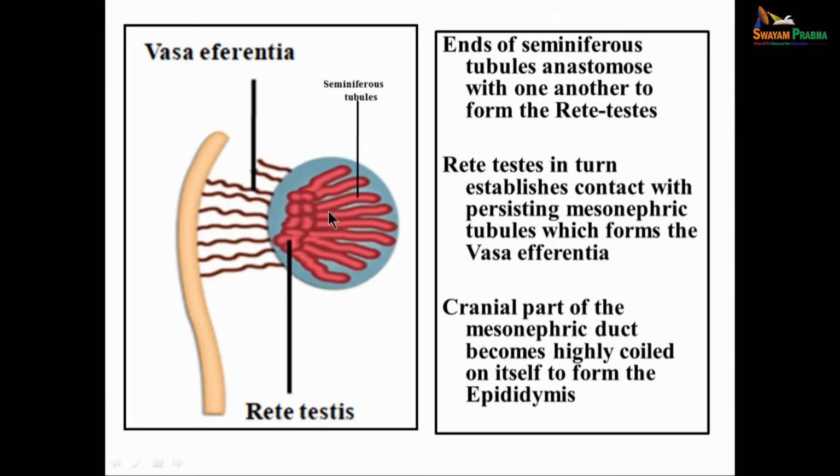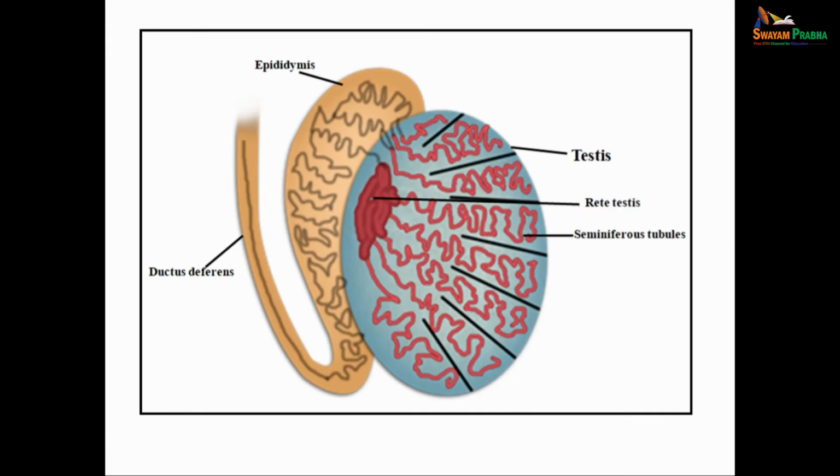The ends of seminiferous tubules anastomose with one another to form the rete testis. Rete testis in turn establishes contact with persisting mesonephric tubules which forms the vasa efferentia. The cranial part of the mesonephric duct becomes highly coiled on itself and forms the epididymis. So this is how finally the testis is developed, and the different parts of the testis you can see here.